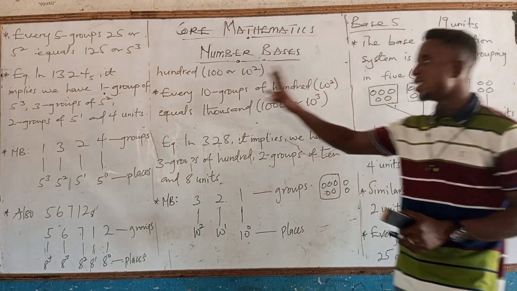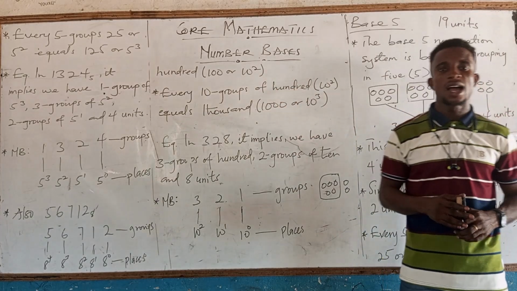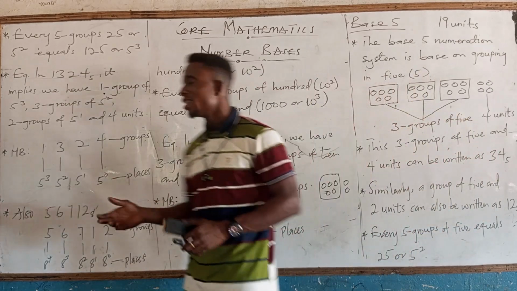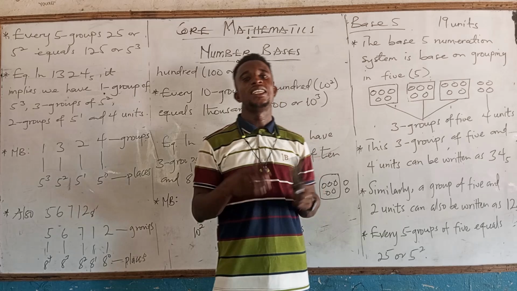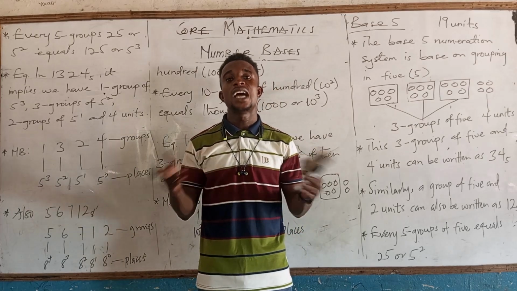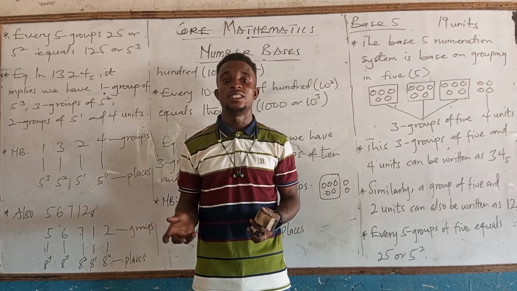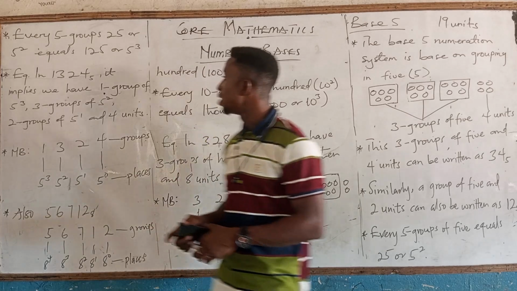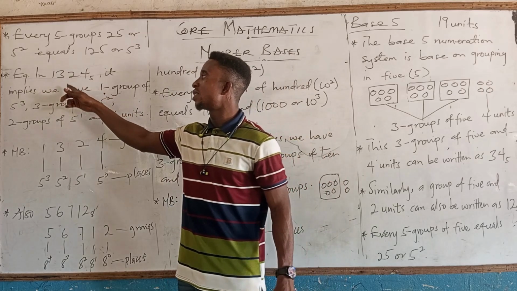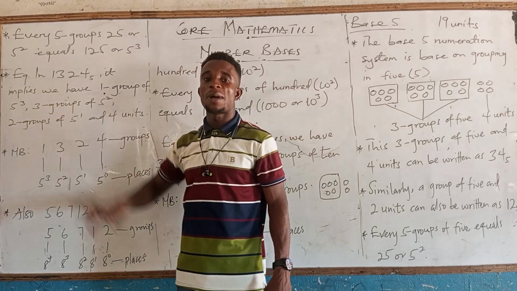This is the basis of number bases. So now we can critically see that we base on number bases in getting the place values for numbers, either in base 10 or other bases. They can give you this one, and they will ask what is the place value of 3 in this number base.